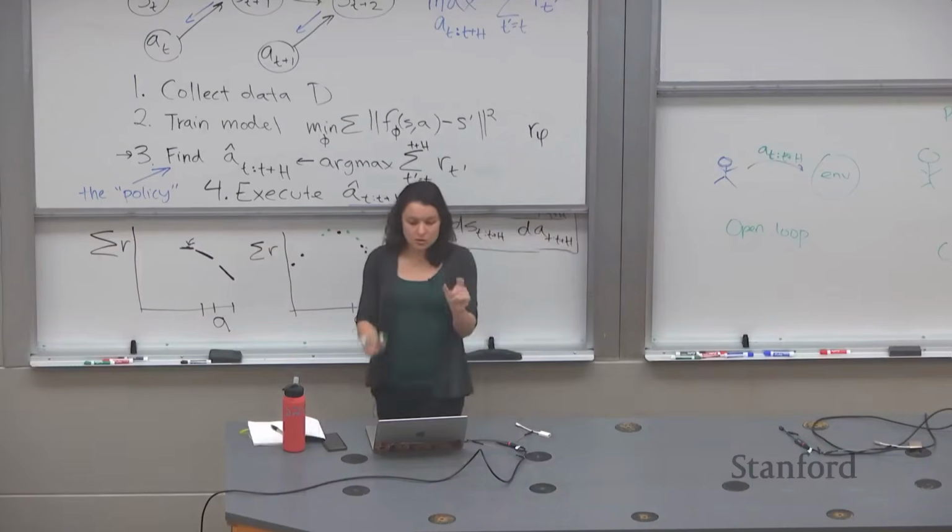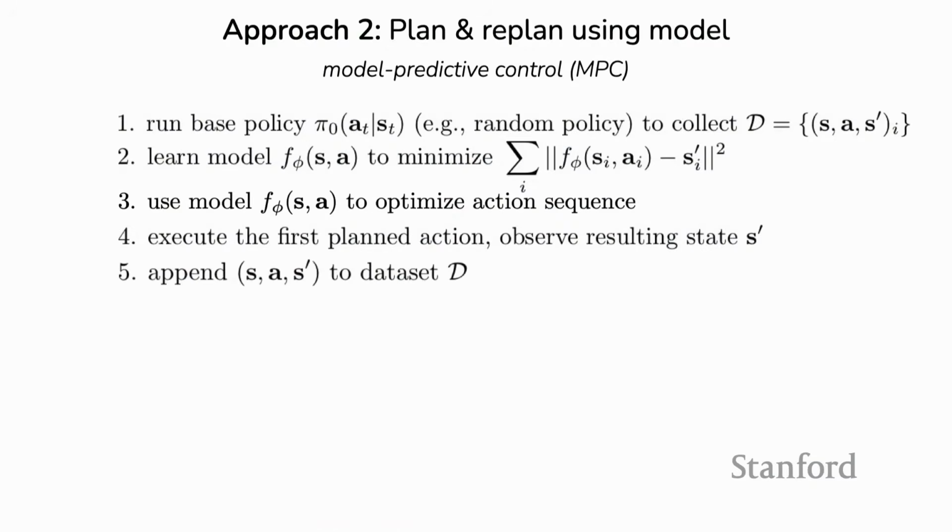But then we'll execute only the first one, observe the resulting state, and then replan an action sequence starting at that new next state. And then we can also, like before, add the data to our data set and periodically refit our model based off of the latest data.